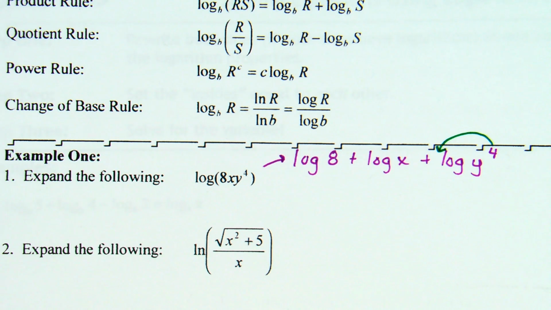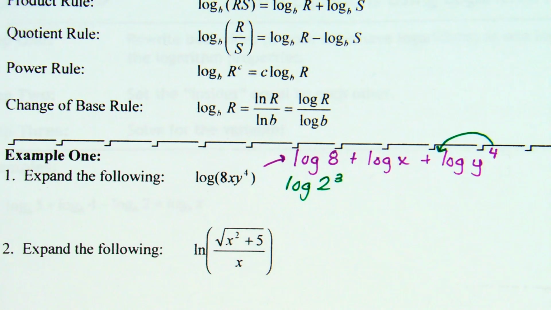Okay, how can 8 be rewritten here? 2 to the third, yes? So think about this. If I rewrite log of 8 of log of 2 to the third, can we use the power property on the 3 now? Yeah. We can bring that 3 out front.